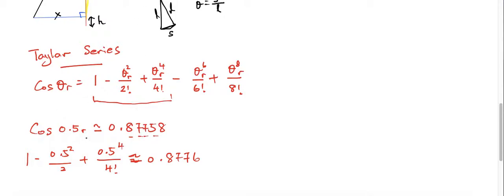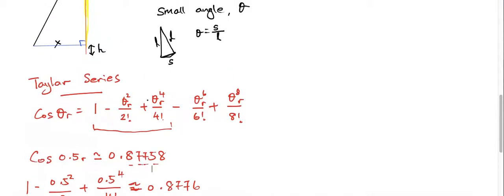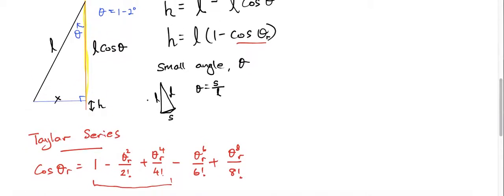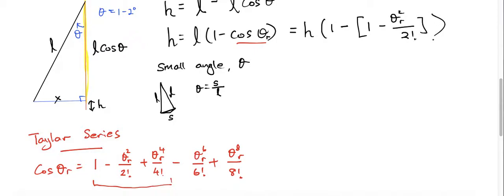So because of this, my h now is therefore equal to L times 1 subtract cos, which would be 1 minus, the angle is small, so I use the first two terms. That should be good enough already, right?